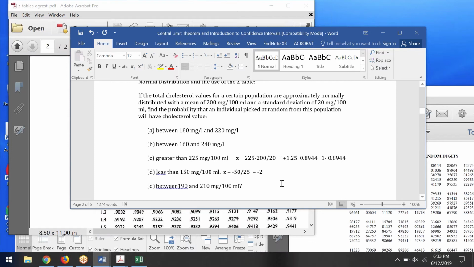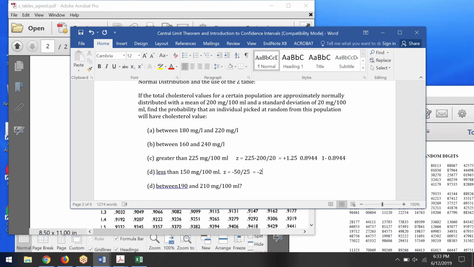For negative 2, I can use the empirical rule. The empirical rule tells me that 95% is between negative 2 and plus 2 standard deviations, which would leave 5%. Since the normal distribution is symmetrical, that would mean 2.5% in the lower tail, in other words less than 150, and 2.5% in the upper tail.